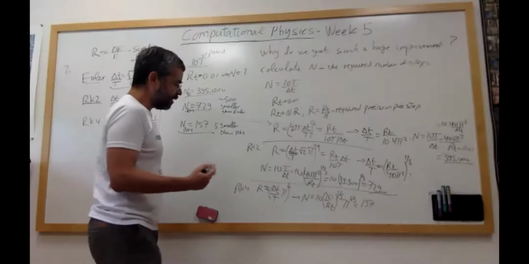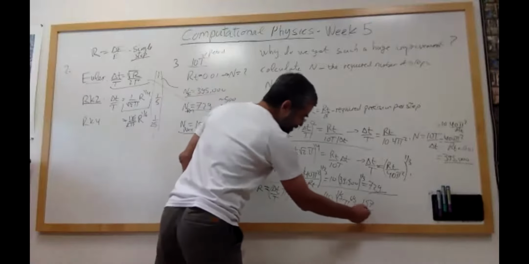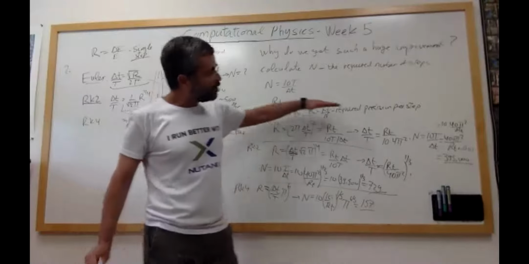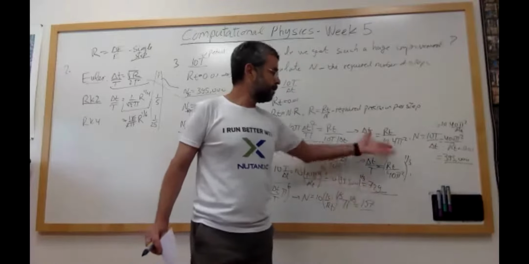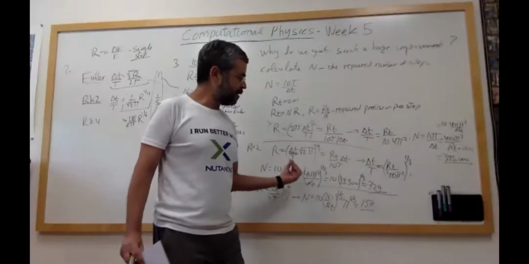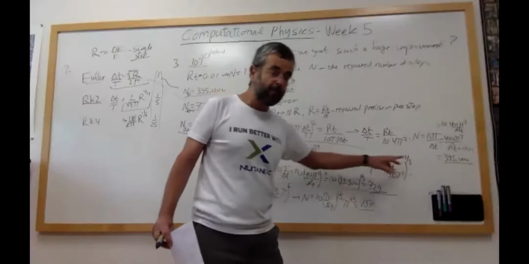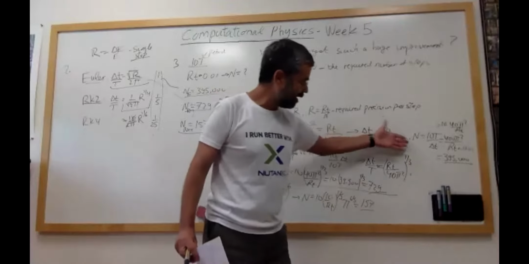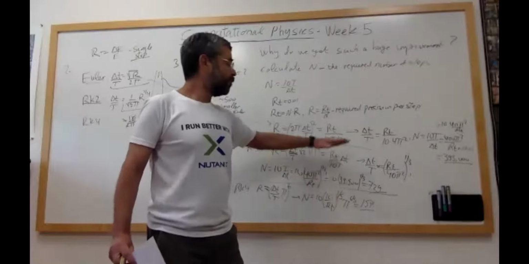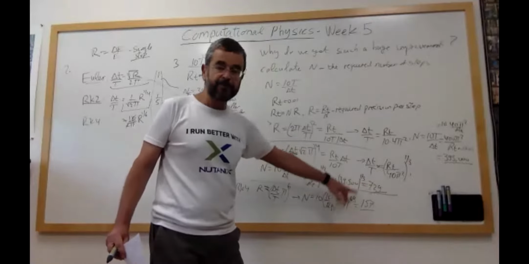So what we see here is that initially we get a huge gain, because of the huge reduction in the number of steps for a given precision, comparing Euler to RK2. From RK2 to RK4, we still get a significant reduction.